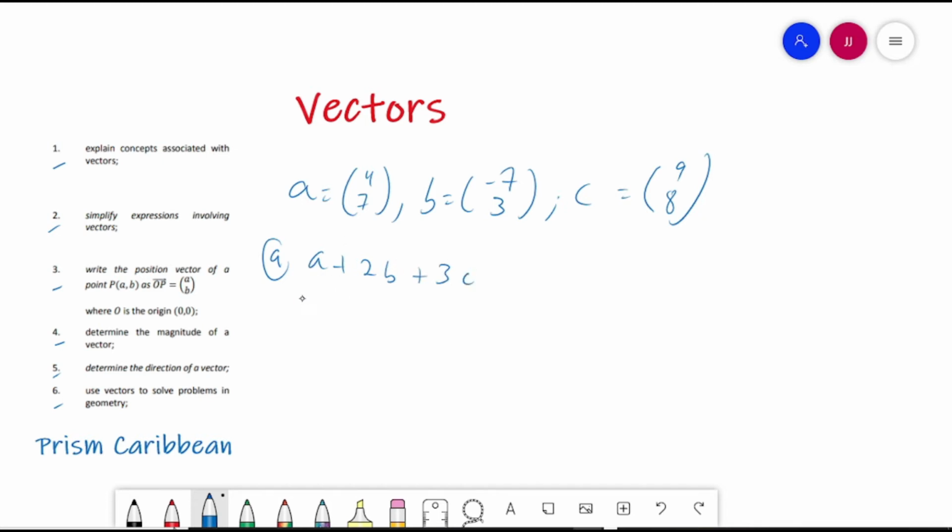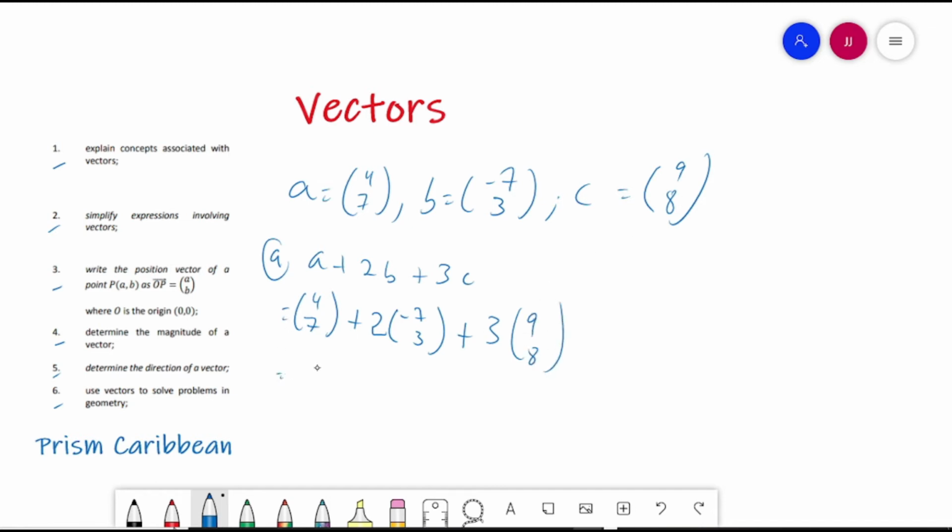A is (4, 7). We have a 2 here, and we have B as (-7, 3). I'm going to get into the multiplication part now. And we have 3C, which is 3 times (9, 8).